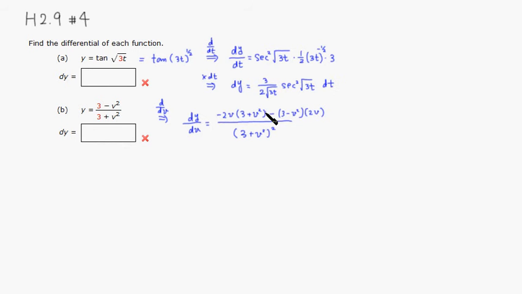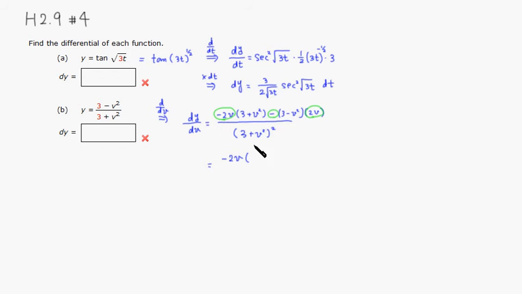All right, then what we can do is pull out the common factor. We have negative 2v in common. So put the negative 2v out front, which takes care of the negative 2v in both terms. Then put the rest together.